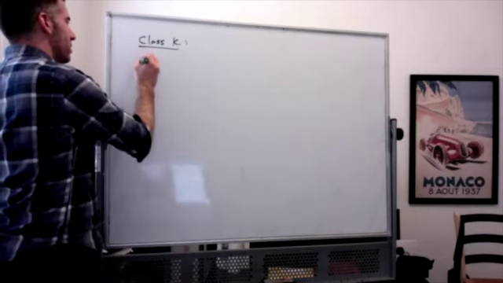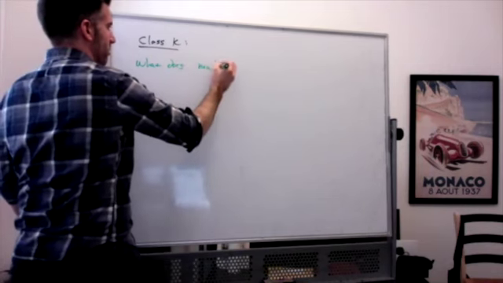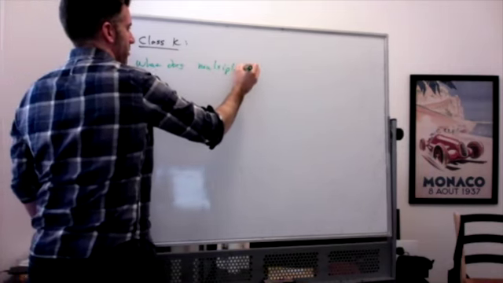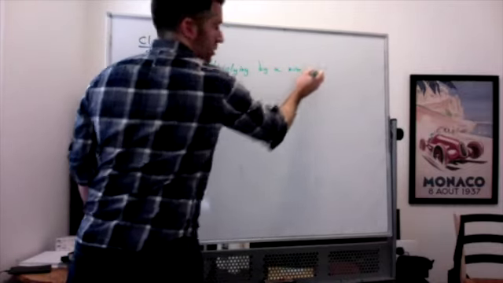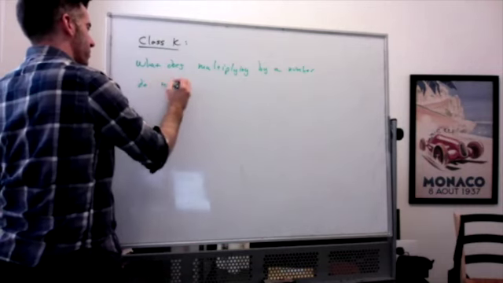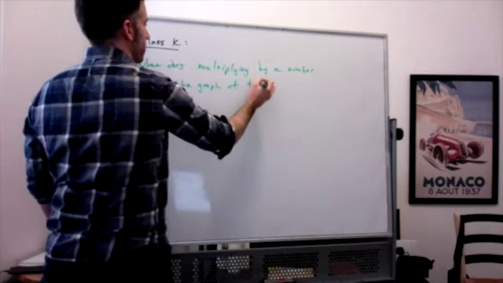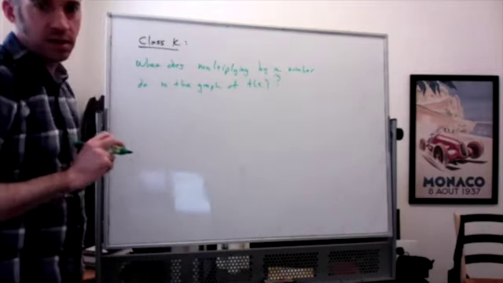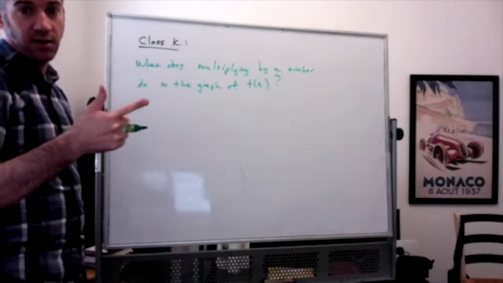What does multiplying by a number do to the graph of f of x? And just like before, with the reflecting and the shifting, there are going to be 2 options.